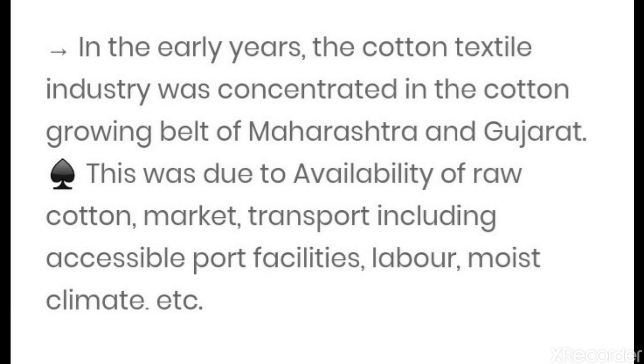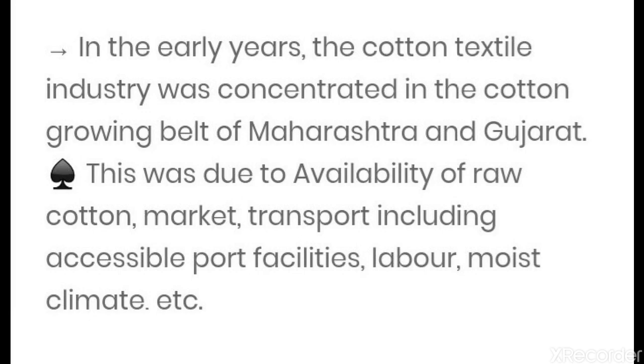Now, this area, Gujarat and Maharashtra, has better marketing facilities, transport facilities, port facilities, enough labor is available, and it also has a moist climate which is beneficial for this industry. So all the locational factors favor Maharashtra and Gujarat.